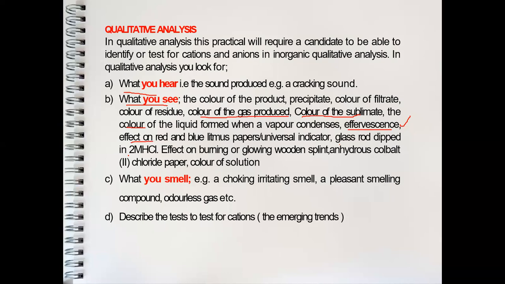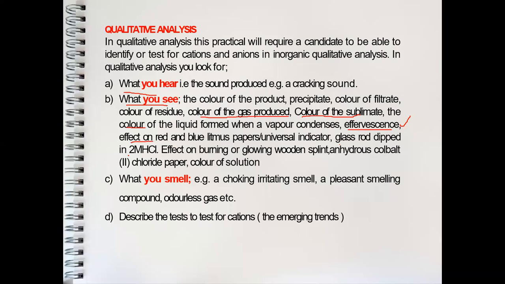You will be able to see the liquid on the glass rod. Effect on burning and glowing splint. Maybe if you are testing a gas, you are provided with a wooden splint, you will use the glowing one.